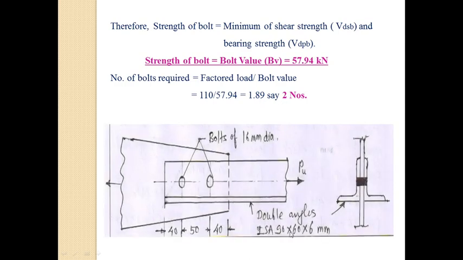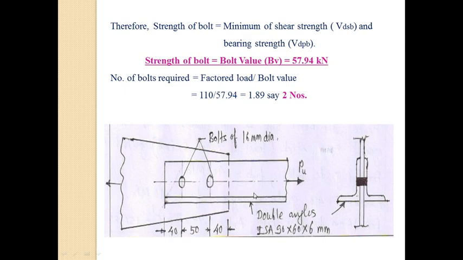So here we can draw the figure. This is the gusset plate, this is the angle. The angles are placed back to back and connected by bolting. So the number of bolts required is 2. Pitch distance is 50, edge distance is 40, end distance is 40 mm.